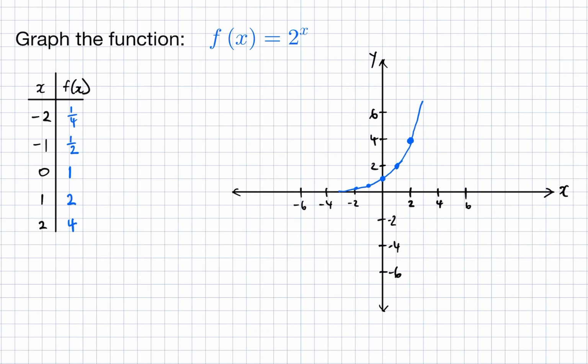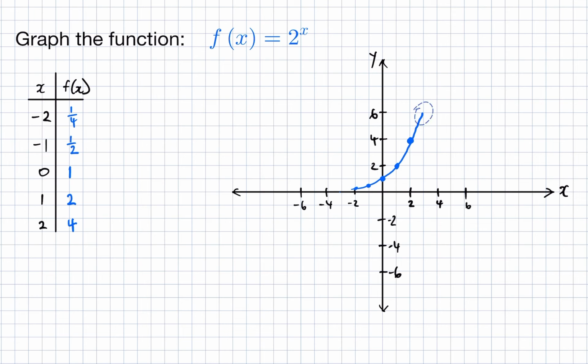Now, here's a question. What would happen if we raise this function by a certain number of intervals? Let me go ahead and just redraw this graph as one line. Okay, so let's go ahead and move this up.